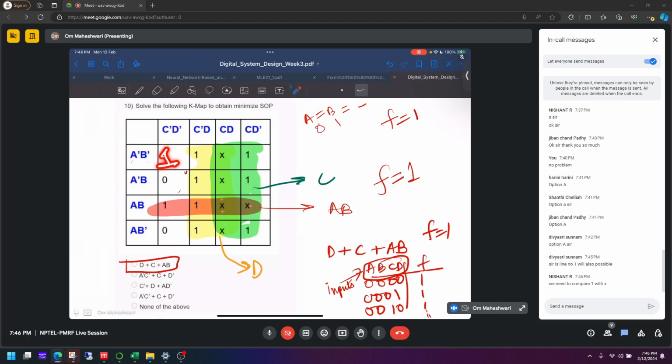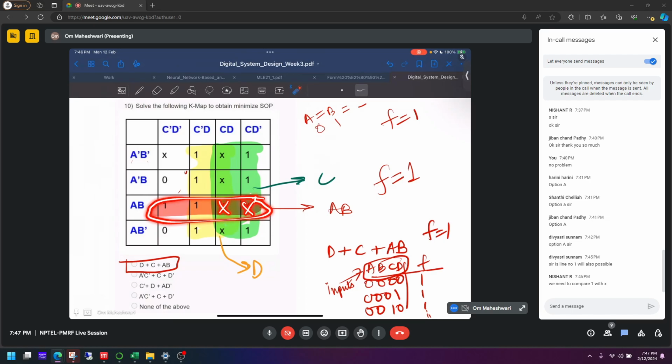If it was 1, we must have taken this, but since it is don't care, it means you don't care. We care only about ones. Since we want to make the largest groups and these are don't cares, at our convenience we take them. Here also we took it. Here also we had ones, these two only, but we took these also.